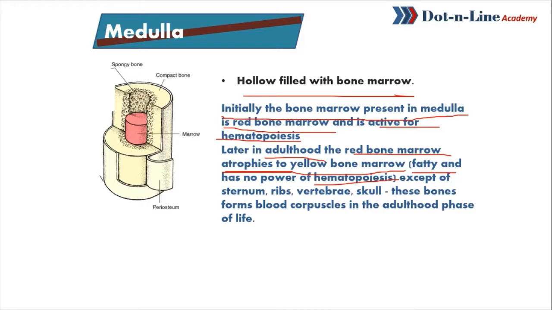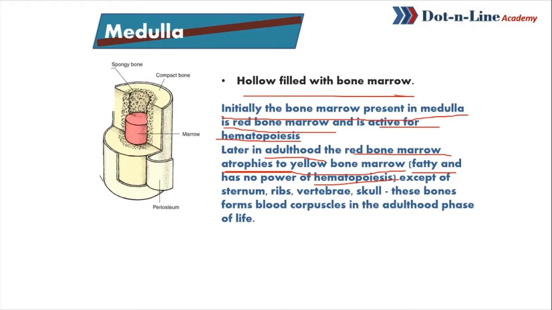But at the places of the sternum, ribs, vertebra and skull, in these bones the red bone marrow persists and the red blood cells and the other corpuscles of the blood are being formed. Hematopoiesis occurs in the sternum, ribs, vertebra and skull in adulthood.